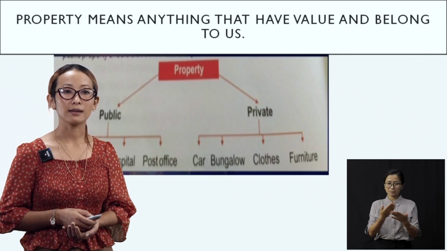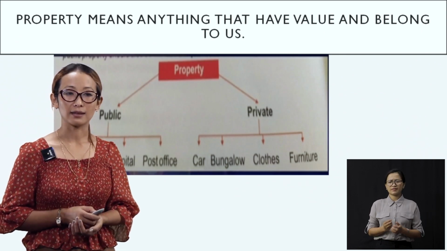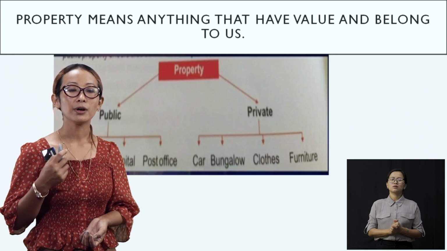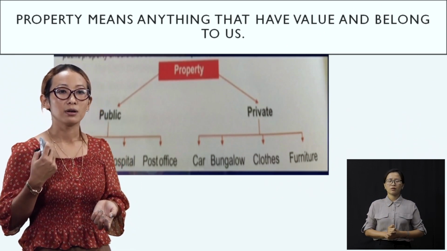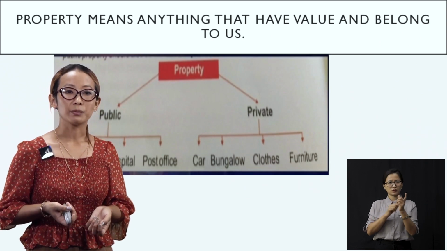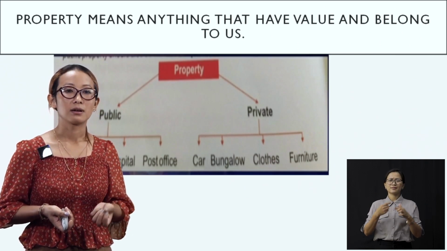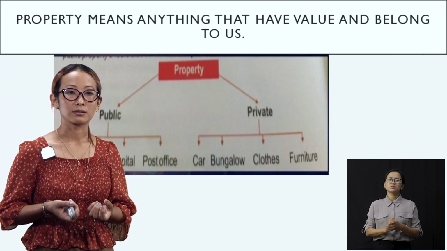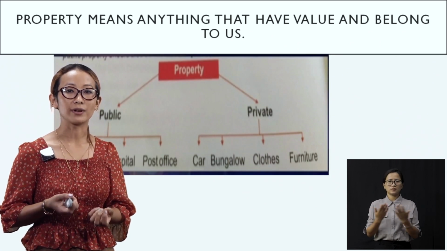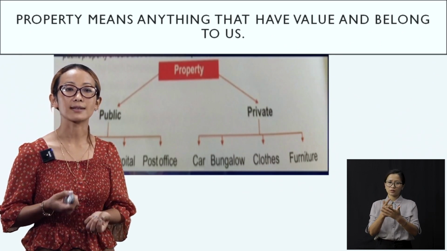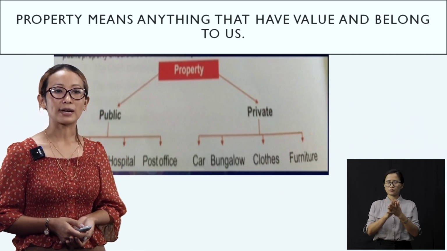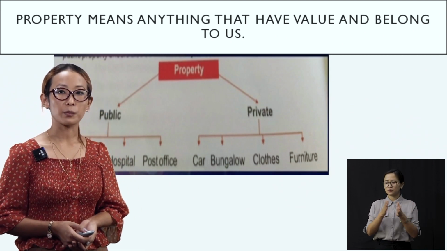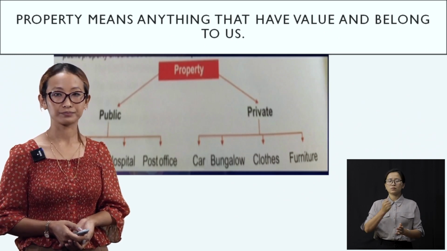I'm repeating again, property means anything, whether it may be your dress, or your house, or your toys, or your jewelries, etc. All those things that have a value and belong to us are called property. So property can be categorized or classified into private property and public property.